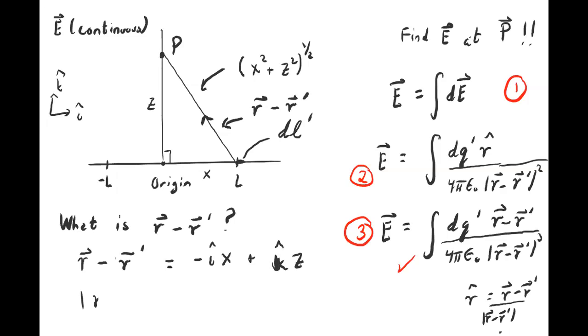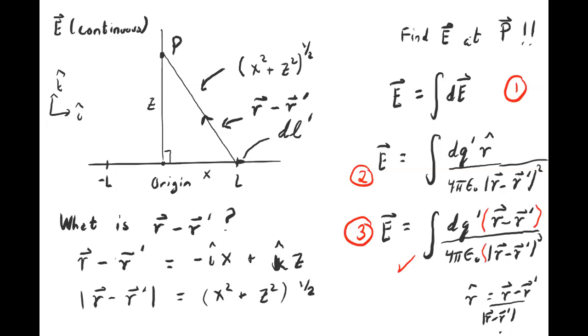And I'm in a position to get the final thing I need to know to solve this problem. I need to know the magnitude of that vector. That's easy. That's just (x squared plus z squared) to the 1/2 power. So if I go back, I now know what r minus r prime is for this example.